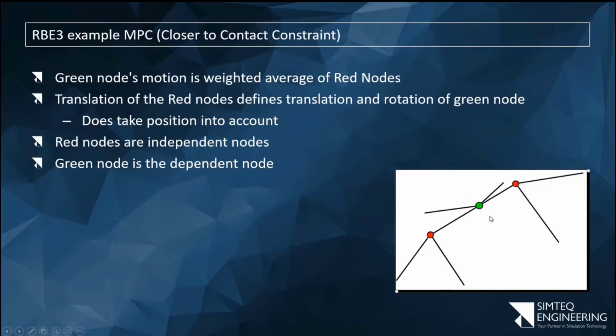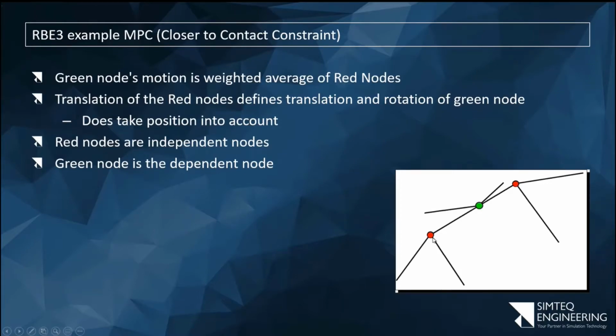So in this case, this node's motion is defined by the translations only of these two, or more if there's more than these two nodes, depending on the kind of analysis. So what that means is if that node moves, let's say up, and this one moves down, that node doesn't translate because it's simply the average of the two.